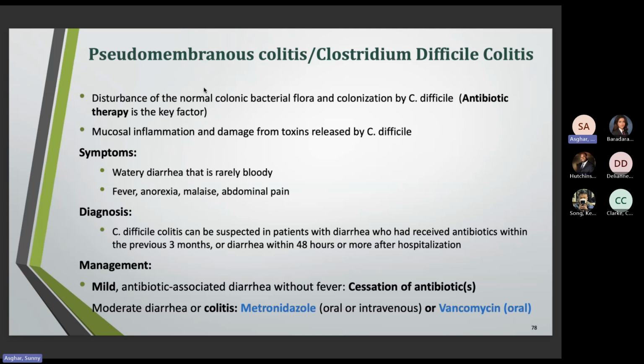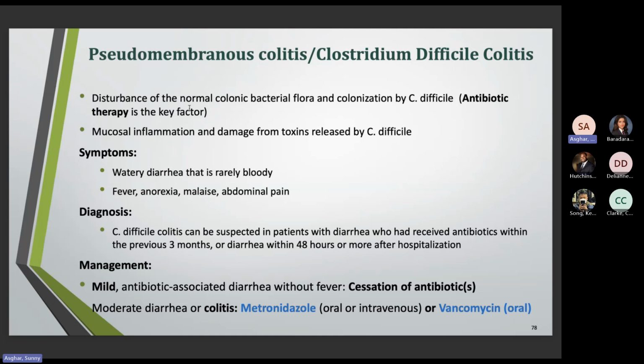It's disturbance of your normal, because some of the bacteria that I've mentioned and listed are part of the normal flora in the human body. So you would expect to see them in the normal flora. When they talk about normal colonic bacterial flora, that means other bacteria are being affected by colonization of C. diff.